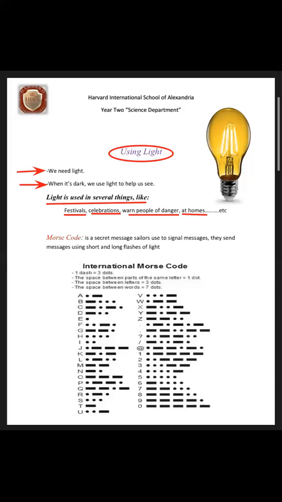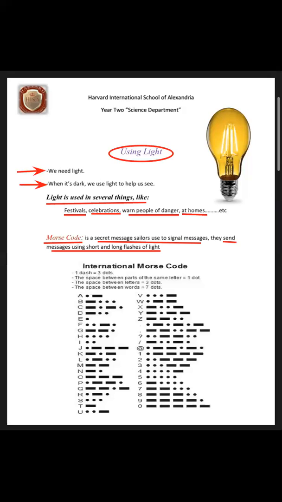There's something called Morse code. Morse code is a secret message sailors use to signal messages with lights, using short and long flash lights.